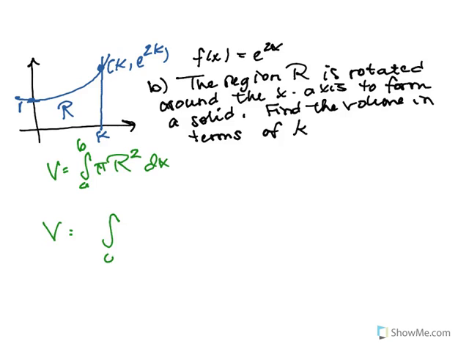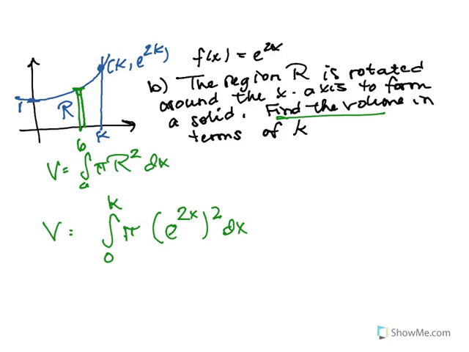So my volume is going to be the integral from 0 to k. Those, again, are my x numbers that provide the boundaries. Pi times the radius, which of course is going to be just our function, e to the 2x squared dx.